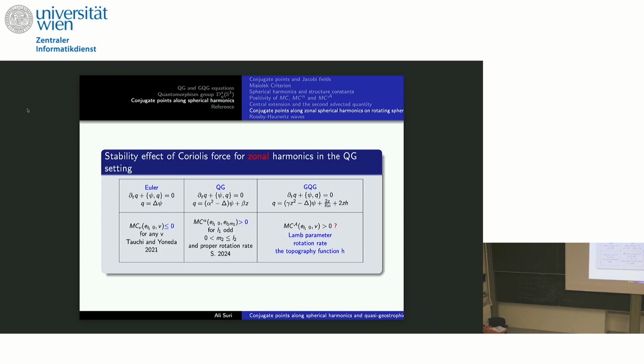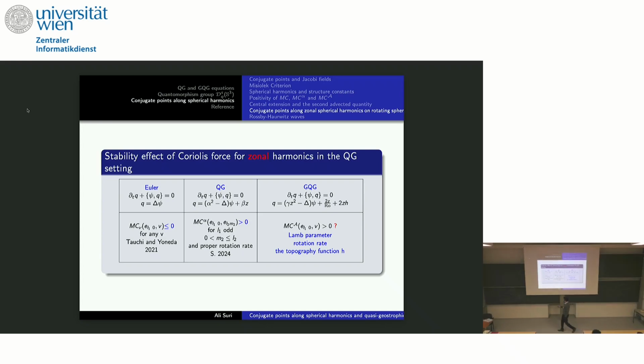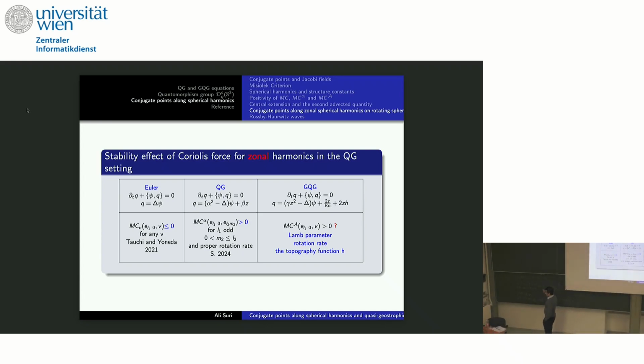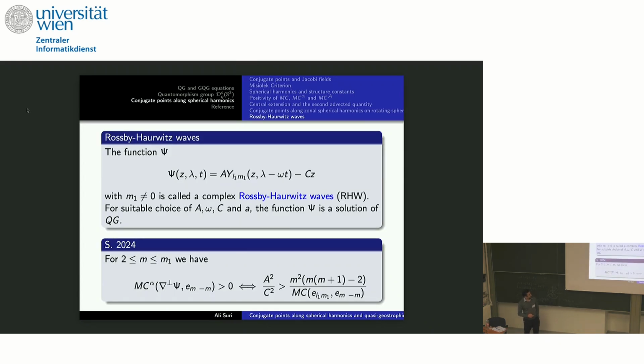So from this point, I will go to this quasi-geostrophic setting, as I announced. Let's see at least one time-dependent exact solution of this quasi-geostrophic equation, which are called Rossby-Haurwitz waves. Here A, omega, and C are constants, and they should satisfy some specific relation to be solutions of the quasi-geostrophic equations.